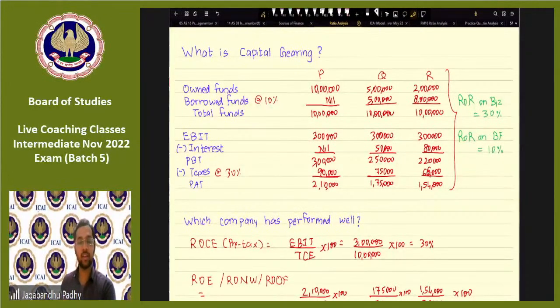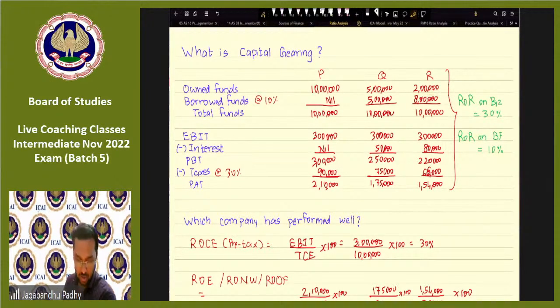In finance, we say that your business is geared or your business is leveraged when it is at a higher debt level. So when is having more debt beneficial to you?